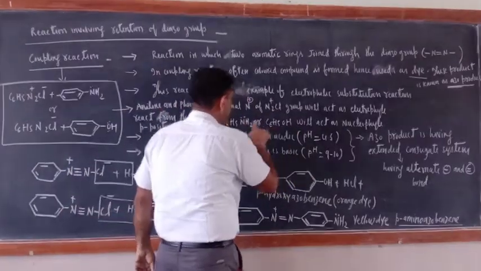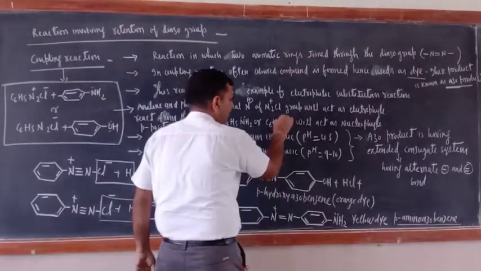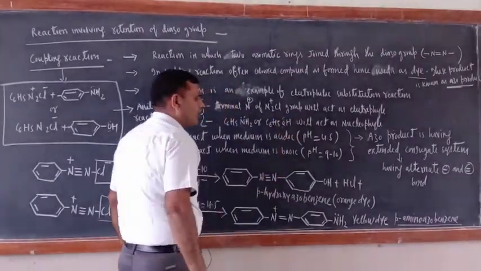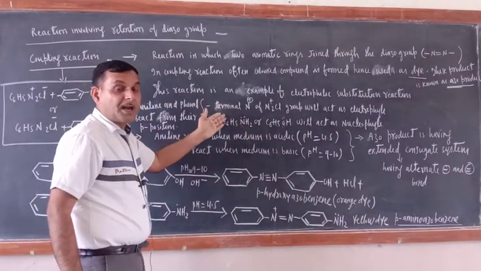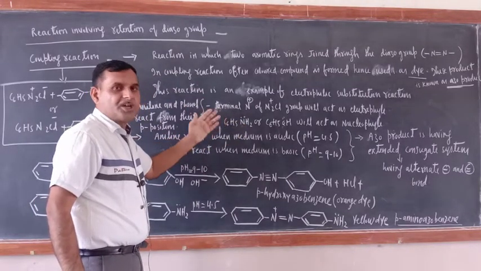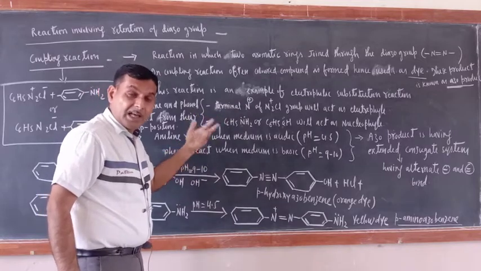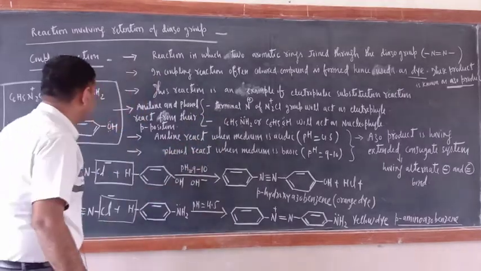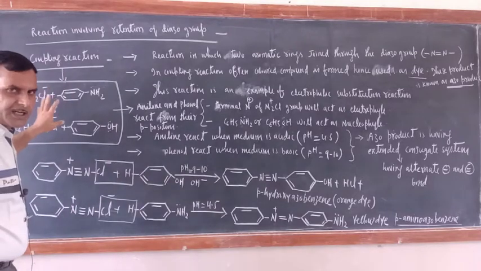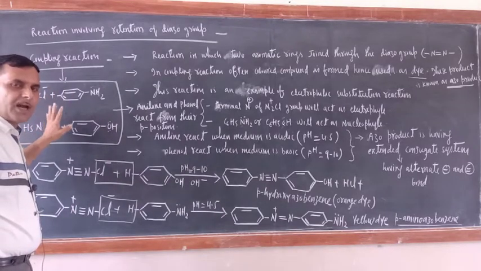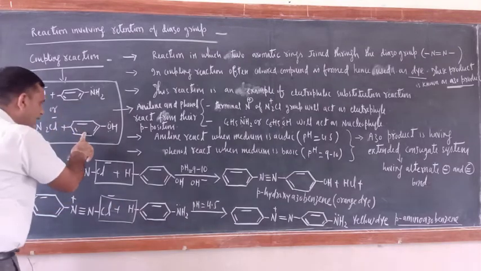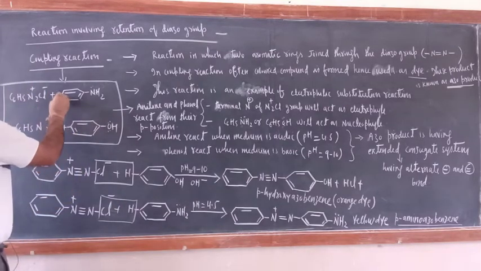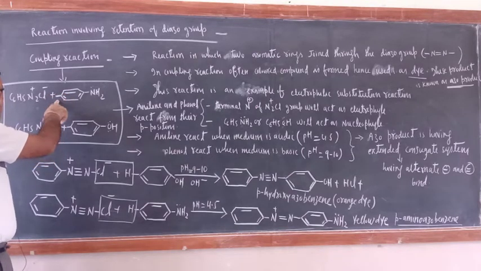Nitrogen is there, with a lone pair of electrons, and in phenol oxygen has a lone pair of electrons. So they will act as nucleophiles, while the terminal nitrogen of benzene diazonium chloride will act as an electrophilic center. Okay, so just see in the coupling reaction, basically benzene diazonium chloride is reacting with aniline and phenol. Aniline and phenol will react with benzene diazonium chloride from their para position.